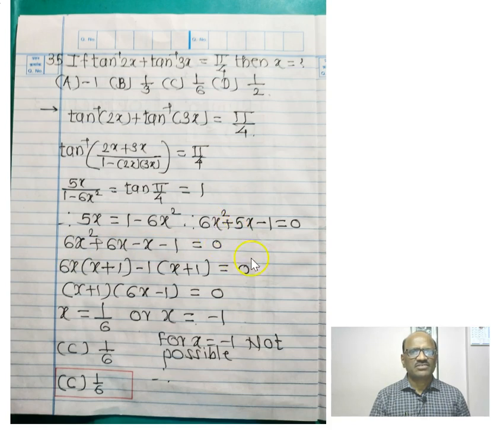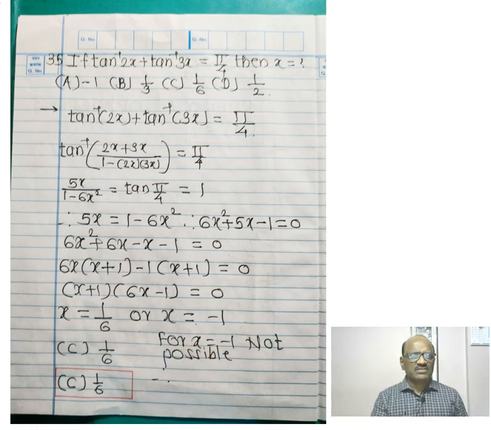The product of first and last is minus 6, and the sum is plus 5, so that is plus 6x and minus x. After simplification, you get x equals 1 by 6, or x equals minus 1. But x equals minus 1 is not possible. Therefore, we take x equals 1 upon 6.